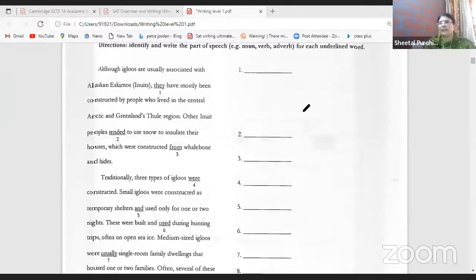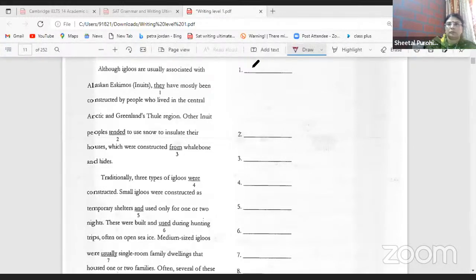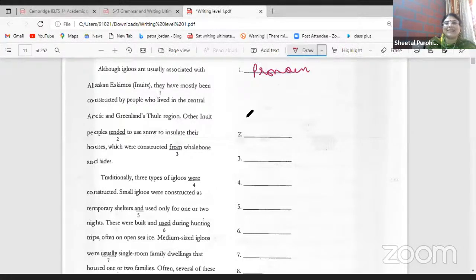Okay. So I'll tell you the first one is 'they'. 'They' is a pronoun. Number one is a pronoun. Second one is 'tended'. That is a verb. Third one is the preposition 'from'.